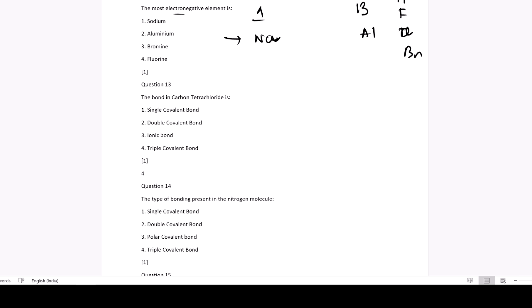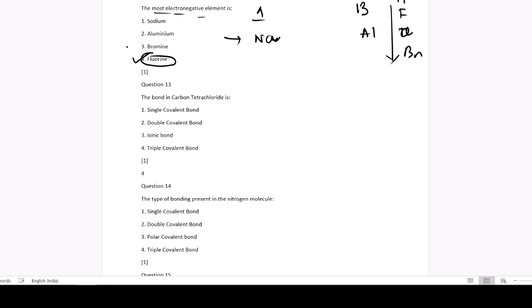We need not know that also, but the most electronegative element means the halogen element. Halogens are the most electronegative in the periodic table. Now we have two halogens, bromine and fluorine. In between bromine and fluorine, if we go down the group, electronegativity decreases. So that's why fluorine has the highest electronegativity.